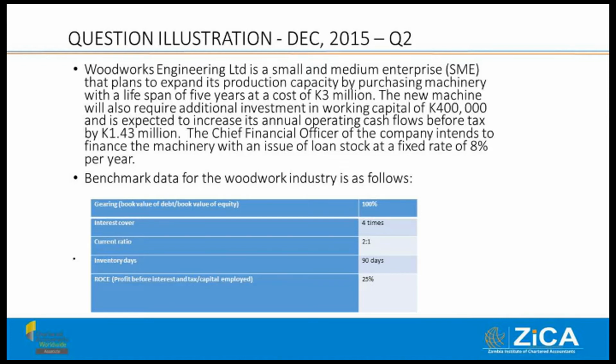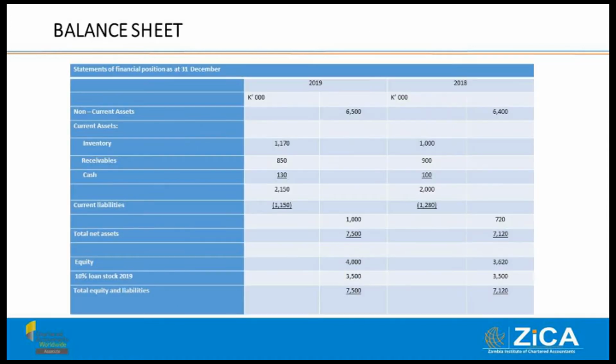Normally you're given some benchmark data, which might include some ratios for the industry, as highlighted on the slide. You also are normally given the balance sheet and the income statement, which are outlined in the following slides.